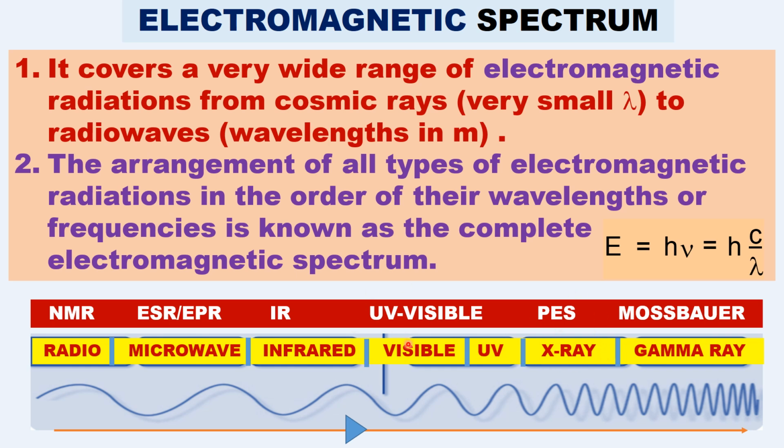UV visible spectra and infrared spectra occur due to electronic and vibrational transitions. NMR, ESR and EPR spectra occur due to nuclear and electron spin transitions. Microwave radiation induces electron spin transitions. Radio waves induce nuclear spin transitions.